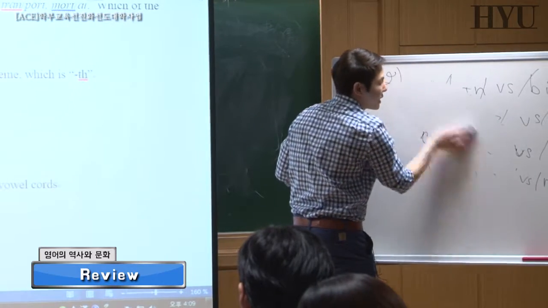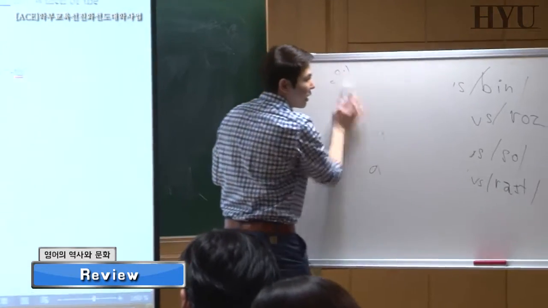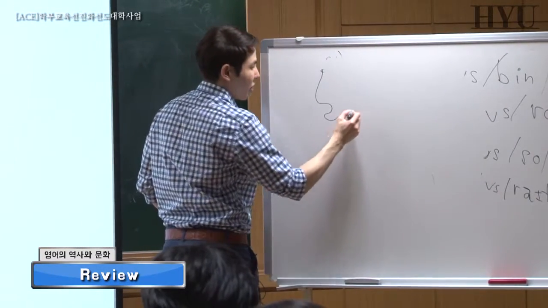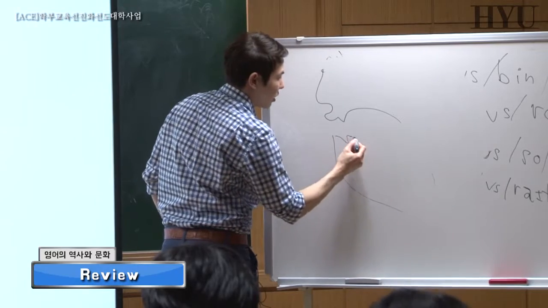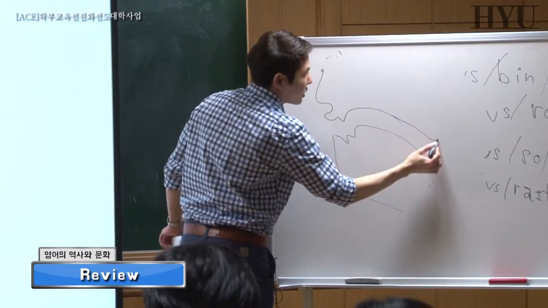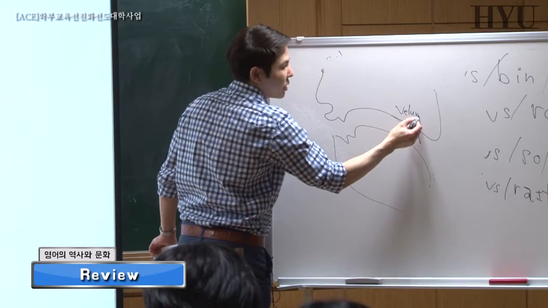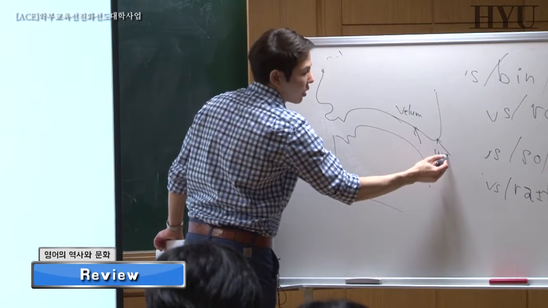That when that part is raised, so this is like this, right? This is our tongue, and this is the part. So this is the velum part. This is the uvula, right?